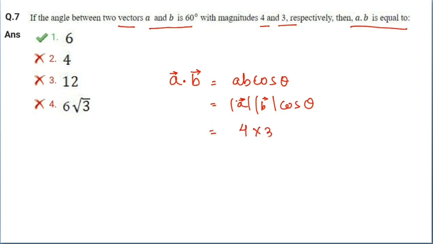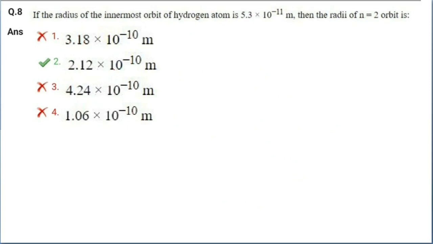In the question, magnitude is given as 4 multiplied with 3 multiplied with cos 60 degree. So 4 into 3, 12 into cos 60 degree is 1 by 2. So our answer is 6. This is option 1. Next.